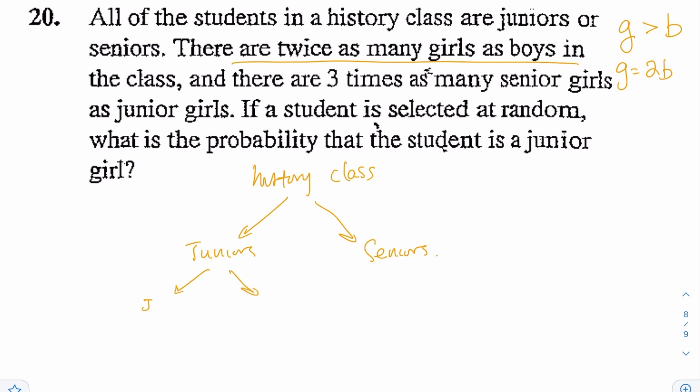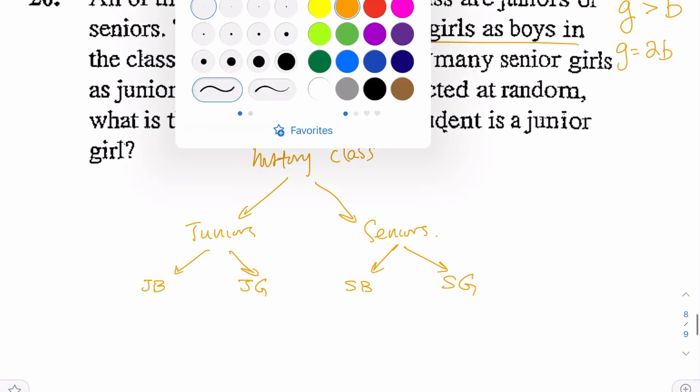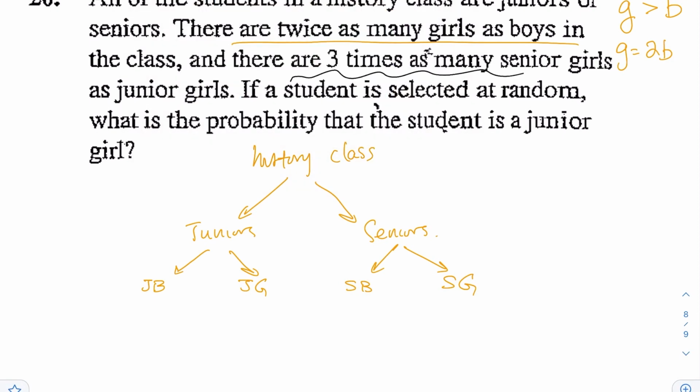So you have junior boys, junior girls, and senior boys and senior girls. So you have really 4 variables here. And the second part, 3 times as many senior girls as junior girls, means the number of senior girls, SG, is greater than junior girls. So because it's 3 times greater, you have to multiply the junior girls by 3 to be equal to the senior girls.